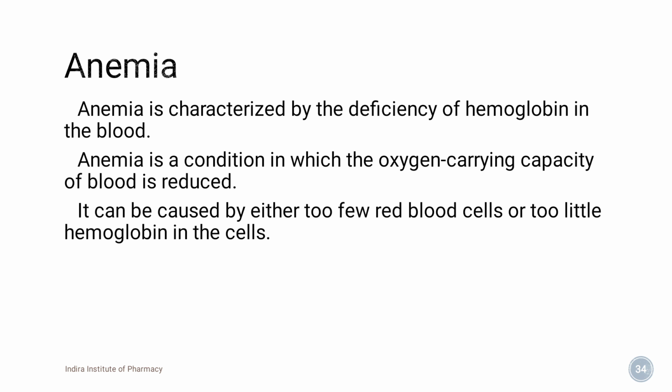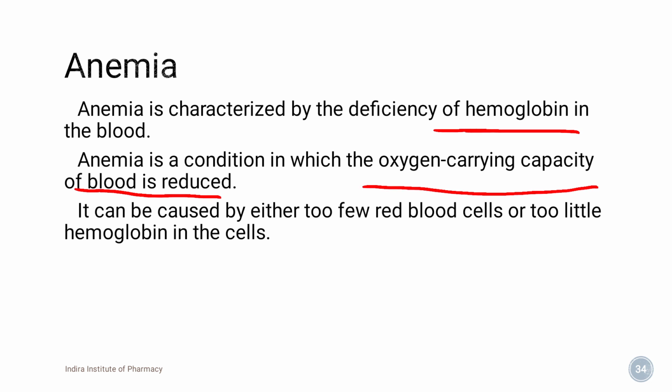Now if the amount of hemoglobin in the blood is less, ultimately the oxygen carrying capacity of the blood will be reduced, because this hemoglobin molecule consists of two alpha chains and two beta chains.